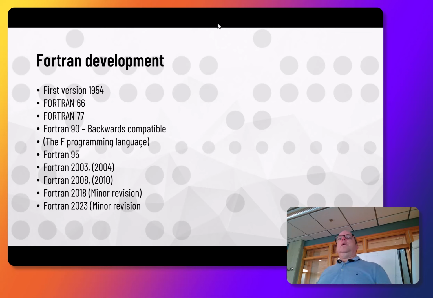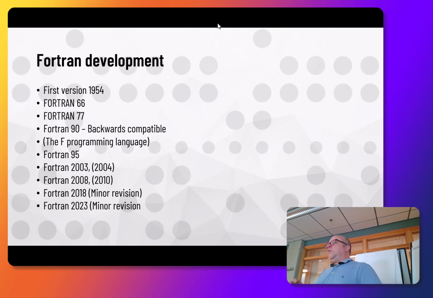There was a short interim language called F where you skipped the backwards compatibility and just allowed modern features. It didn't fare so well, so we haven't seen a lot of that language after that. Then you have continuous standards: Fortran 95, which introduced some high-performance computing constructs, Fortran 2003, 2008, 2018, 2023. So it's continuously developed as an international standard.